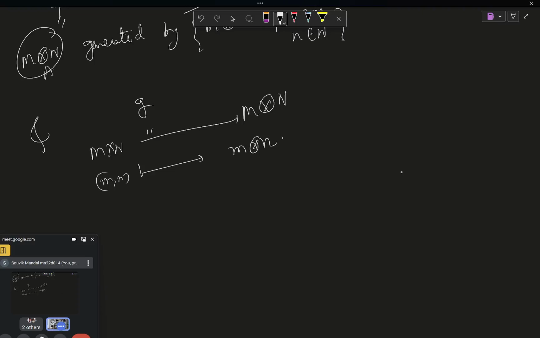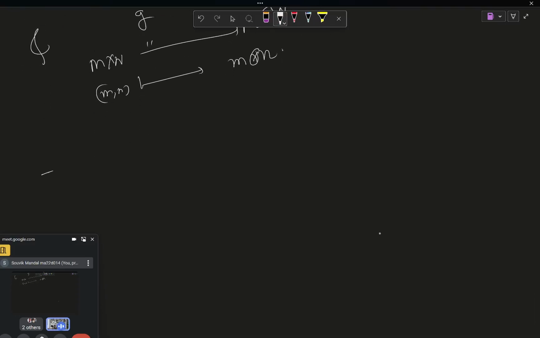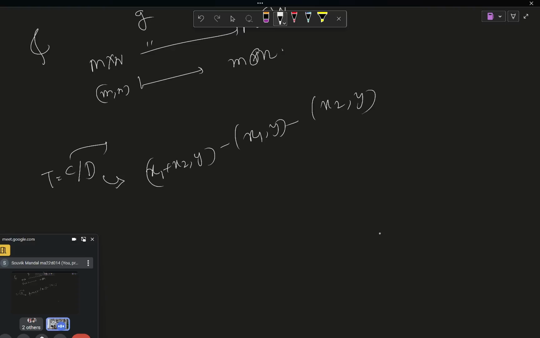But before that, we need a simple observation. Let's go back to the construction of the module T itself. C was the free module and D is the submodule of C generated by the elements (x1 plus x2, y) minus (x1, y). Let me write it down again.